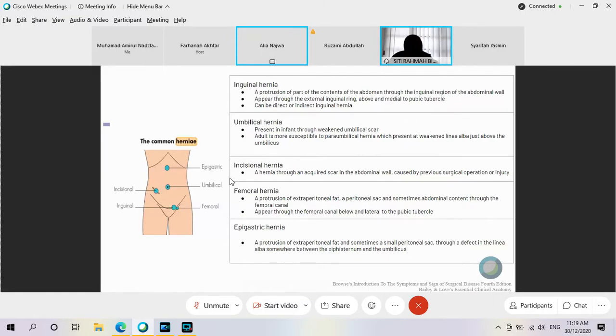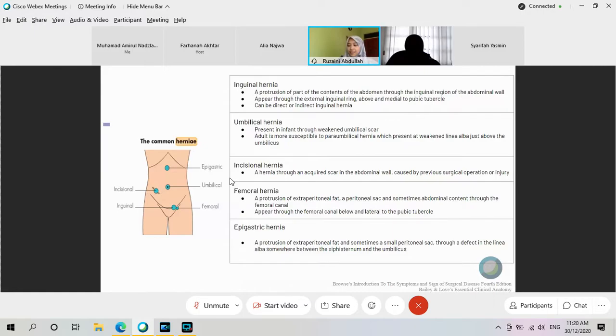So the percentage of incidence is 80%, as mentioned in Bailey and Love, page 949. Others? Others are not stated here, doctor. You need to have the percentage as evidence to support whatever you are saying. For example? Okay.